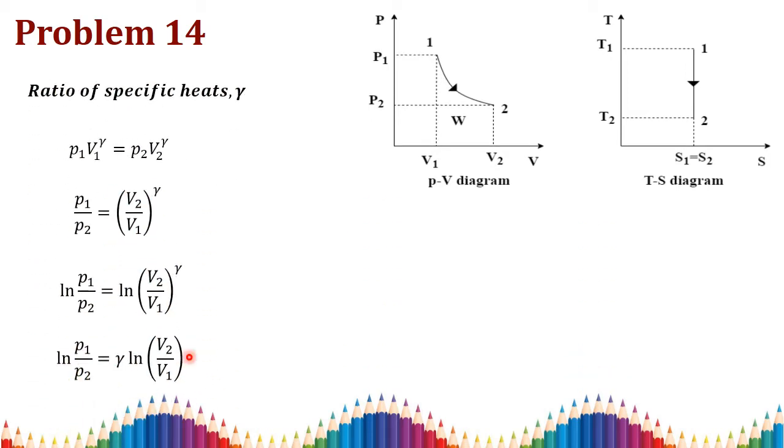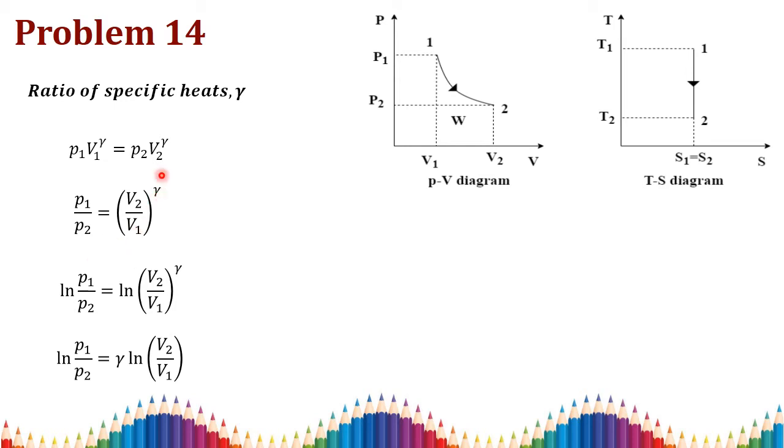Next, we need to find gamma. Since it is an isentropic process, PV^gamma equals constant. Applying the initial and final conditions, P1 V1^gamma equals P2 V2^gamma. Bringing P2 to the left-hand side, P1 by P2 equals (V2 by V1) to the power of gamma.